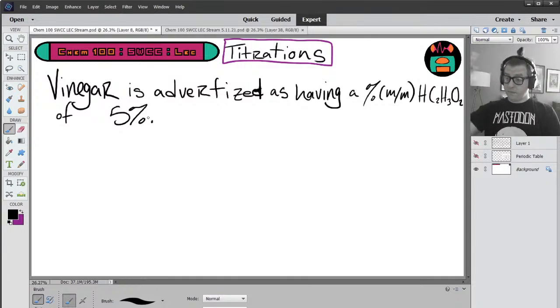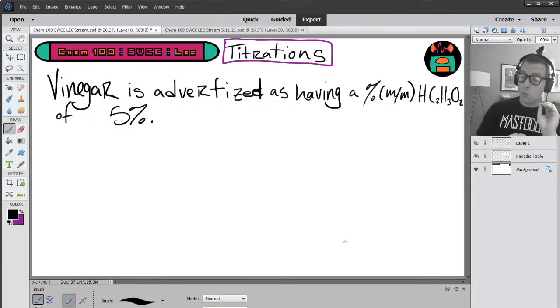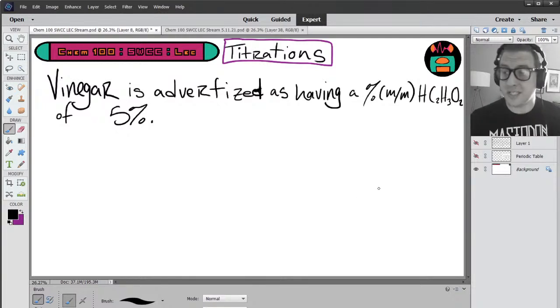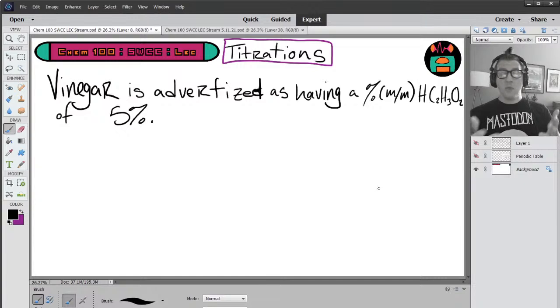So if you pick up a bottle of vinegar, it'll say 5% acetic acid, and that is a percent by mass. We can use titrations to verify whether or not this advertised percent concentration is correct.